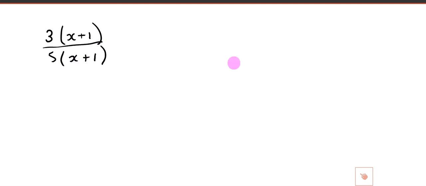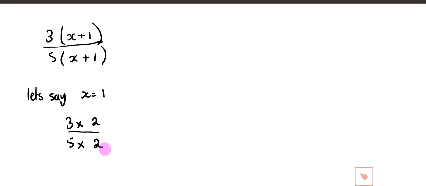If you're struggling to figure out how you could simplify it, theoretically, could you just set a value for x? So let's say x equals 1. That would then give me 3 times 2 over 5 times 2, which gives you 6 over 10, which you can then simplify. Well, in this case, you wouldn't even do that. You would just say, oh, 2 and 2.